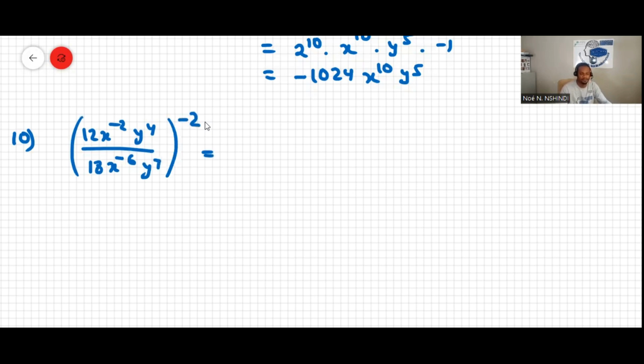Now to solve this, first of all, when we have a negative exponent like this, we can apply this law of exponents that says if you have a over b raised to the negative m, this can be written as b over a to the positive m.